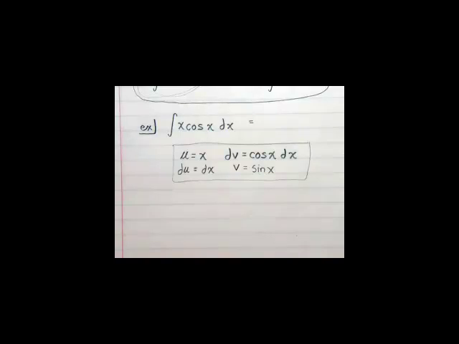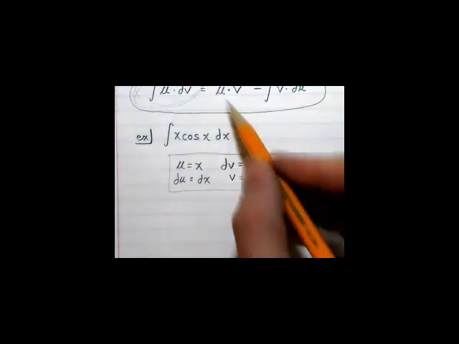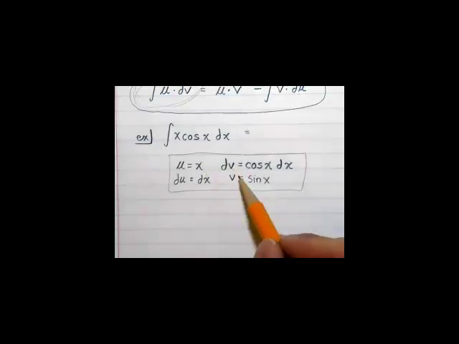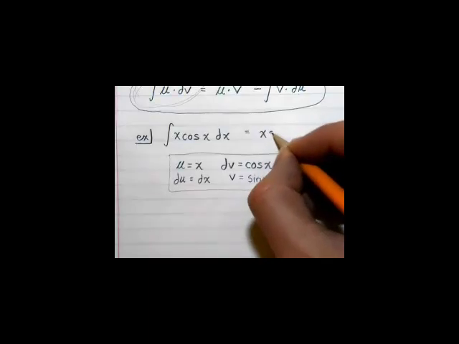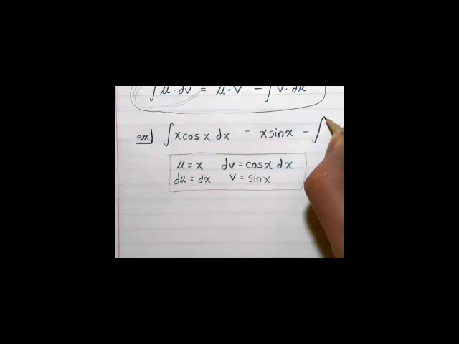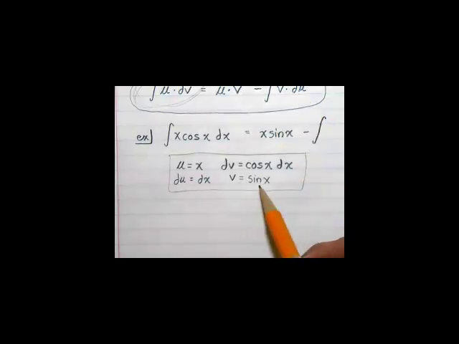My formula, this should be equal to u times v, x sine x minus the integral of v du. v du. So sine x dx.